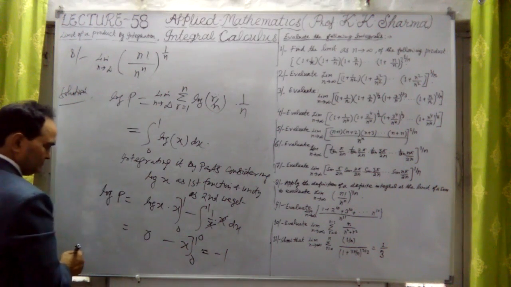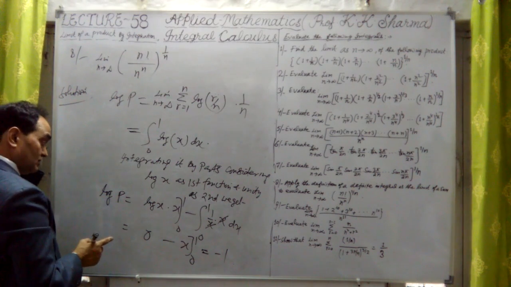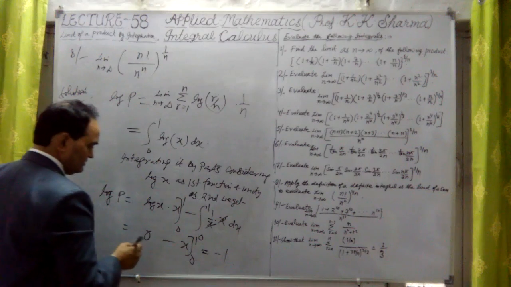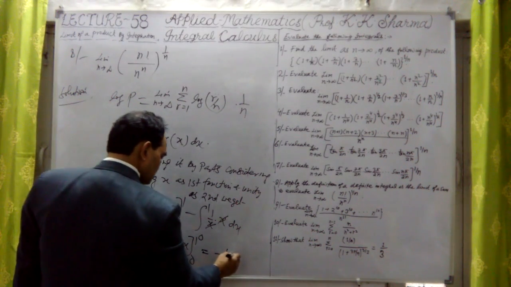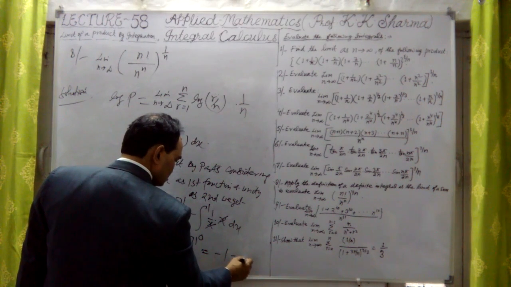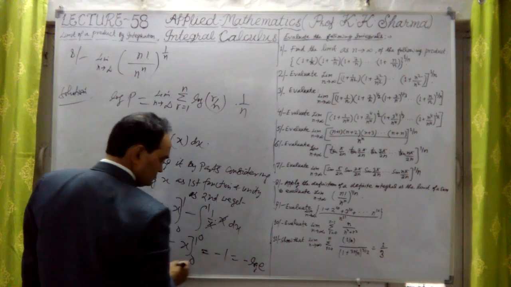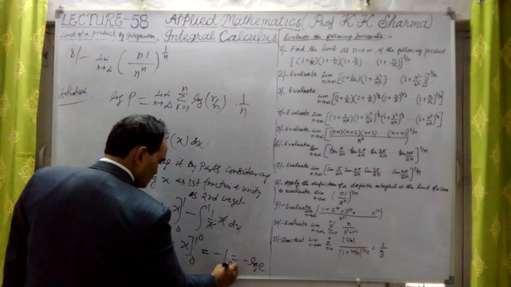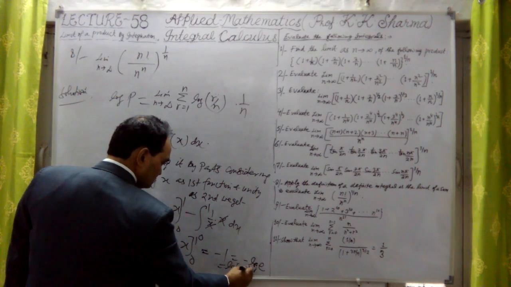What do we get here? It is nothing but minus log e. Log e is 1, so it can be written as log 1 upon e, that is log of e raised to power minus 1.